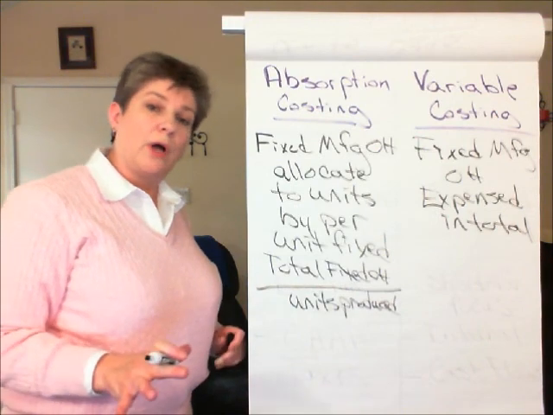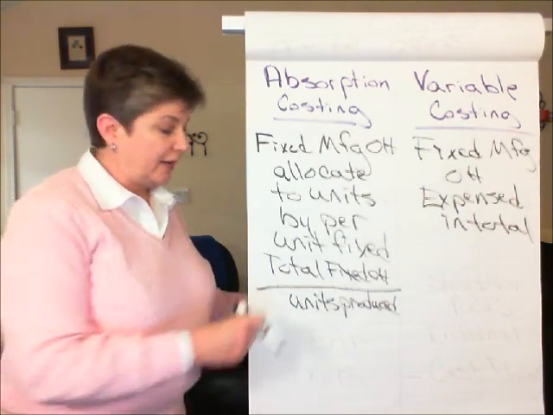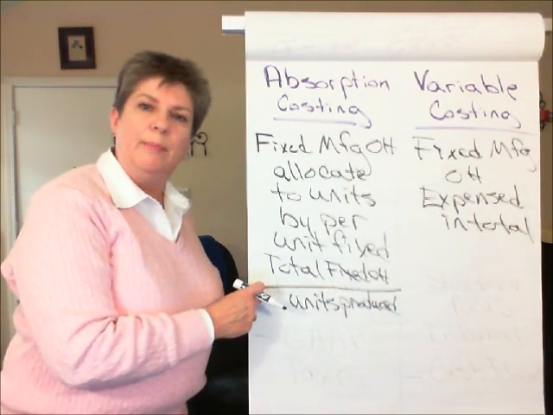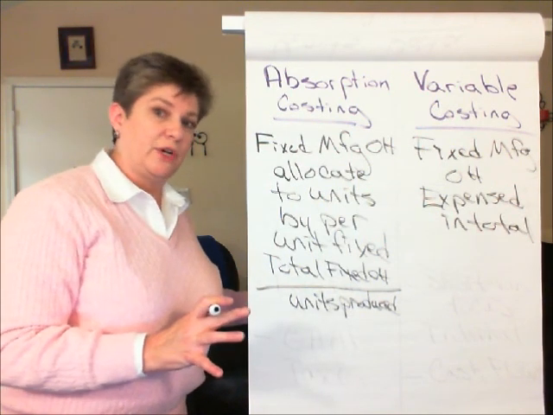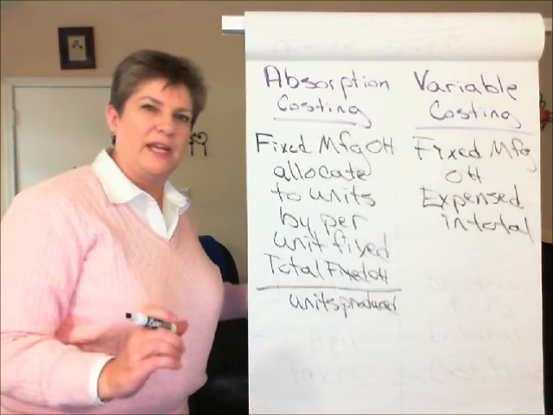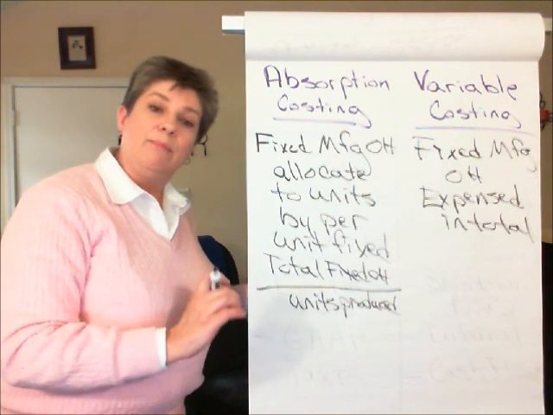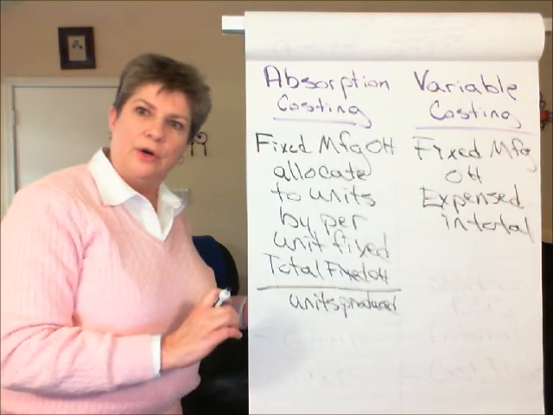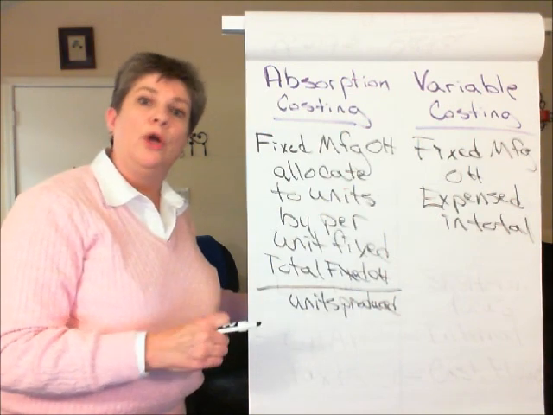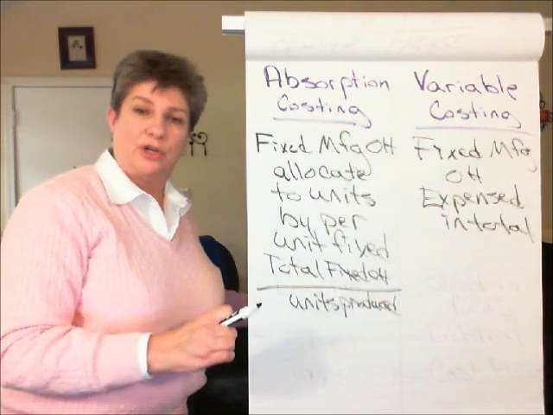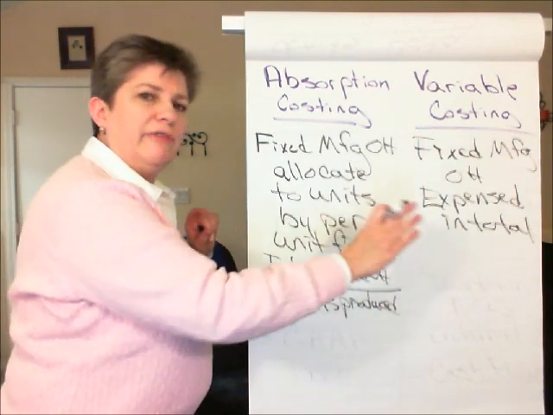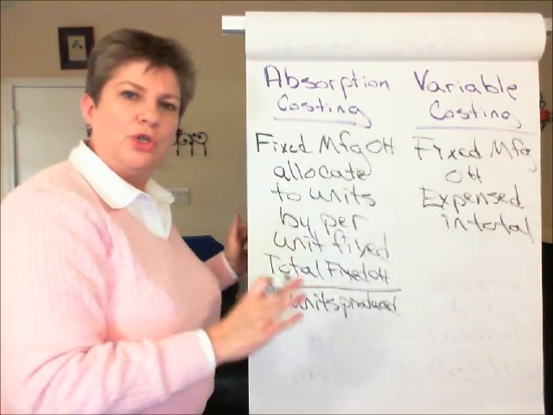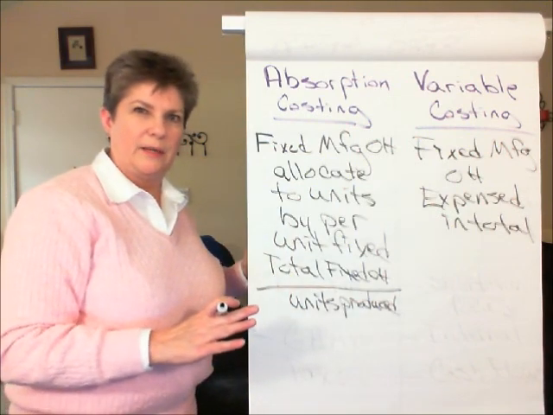So under variable costing, we don't worry about calculating a per unit amount for fixed manufacturing overhead. We treat the fixed overhead on the income statement in the same manner as the cost is incurred, in a total amount, regardless of the level of production within the relevant range or within the period. So, two different ways of viewing how we should treat fixed overhead on the income statement.